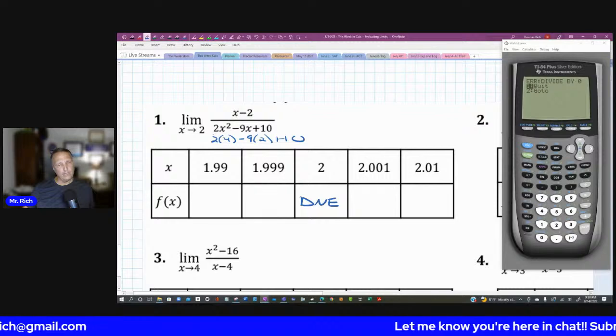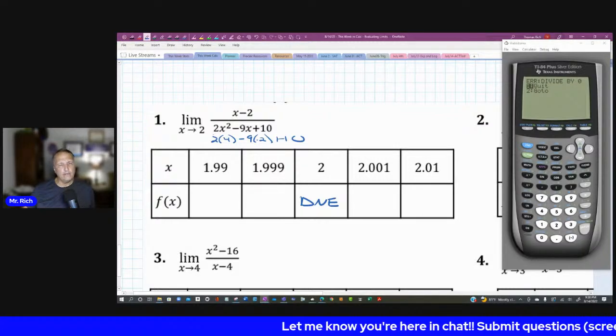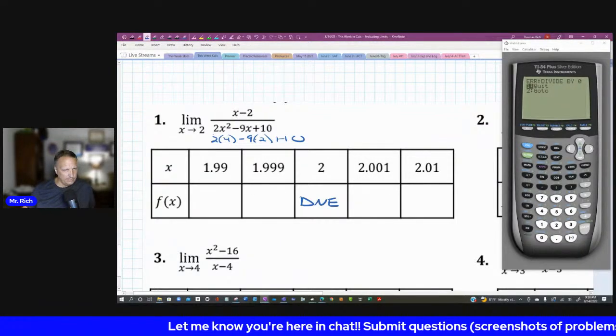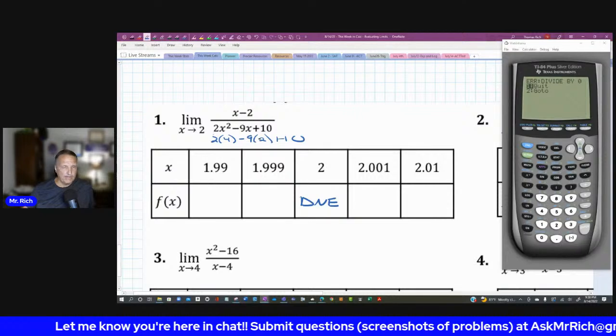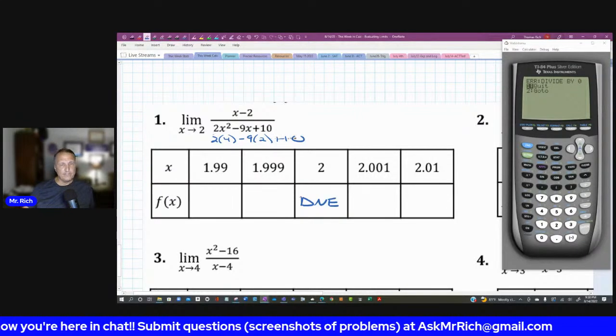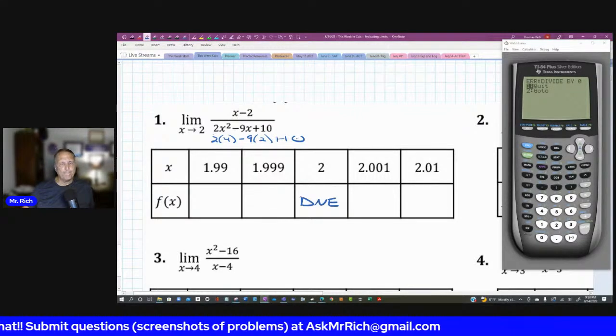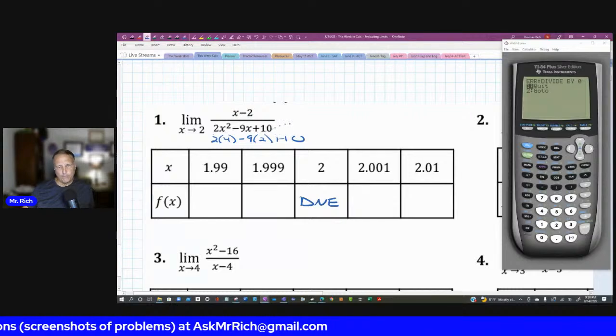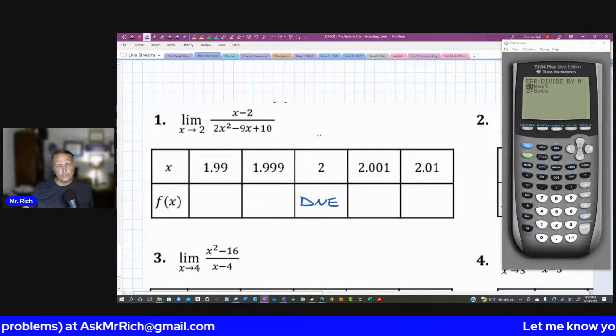It'll be 8 minus 18, which is negative 10. Negative 10 plus 10 is 0. Okay, so I definitely have a 0 in my denominator, so the function is just not going to exist there.